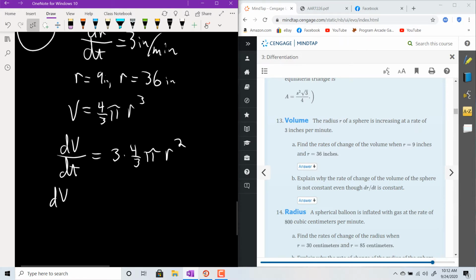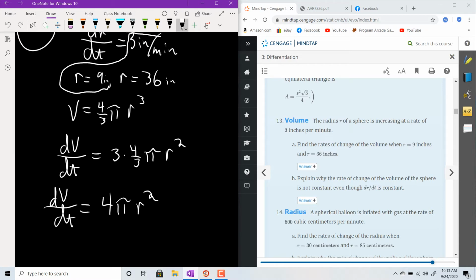Okay, so the rate of change of volume with respect to t will be 4 pi r squared. And then we want to put in our given information from above.